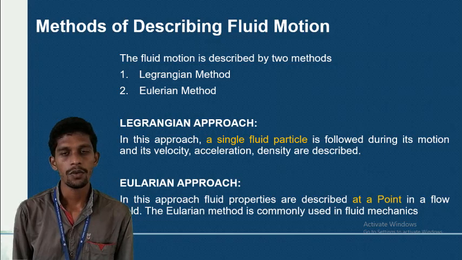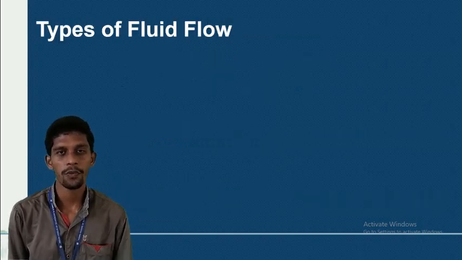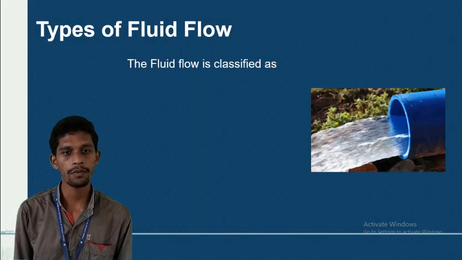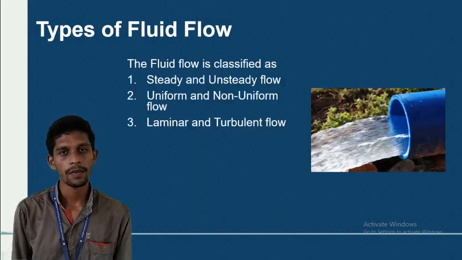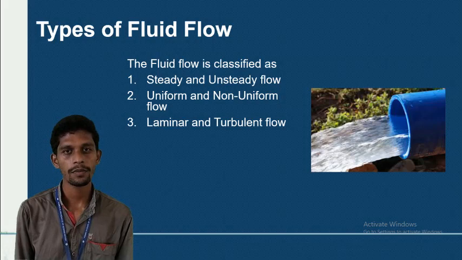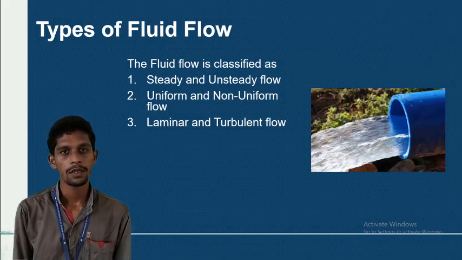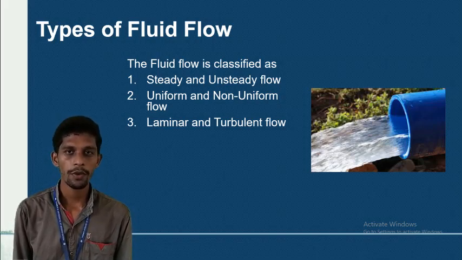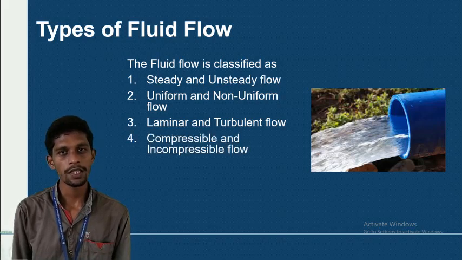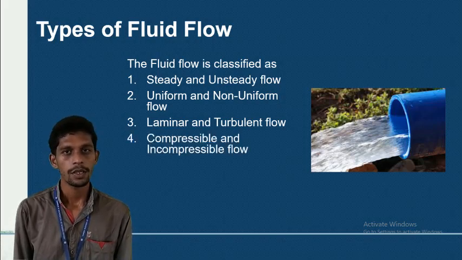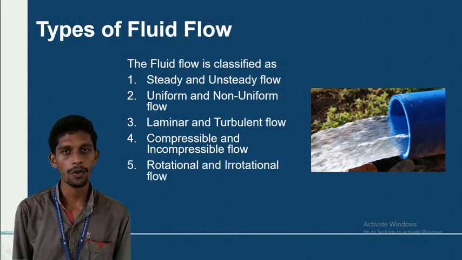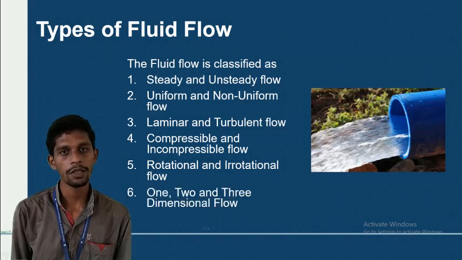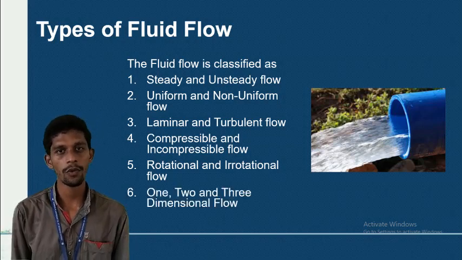So what are the different types of flows actually? Fluid flow is classified as steady flow and unsteady flow; second, uniform and non-uniform flow; third, laminar flow and turbulent flow; fourth, compressible and incompressible flow; fifth, rotational flow and irrotational flow; and the last one, one-dimensional, two-dimensional and three-dimensional flow.